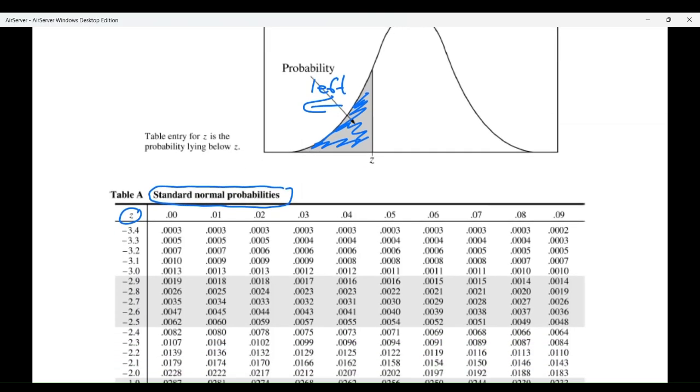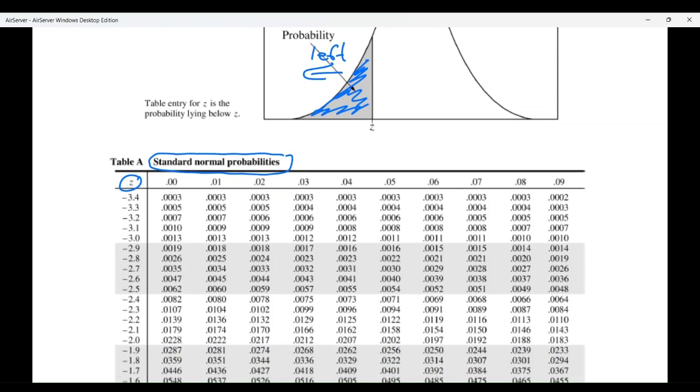Okay, so to the left, what I'm doing is z actually goes down the left column, but it also goes across the top row, because what that does is, in combination, it gives you a z-score to 2 decimal places. So the left column, negative 3.4, negative 3.3, negative 3.2, and so on, is giving you the whole number and 1 decimal place.